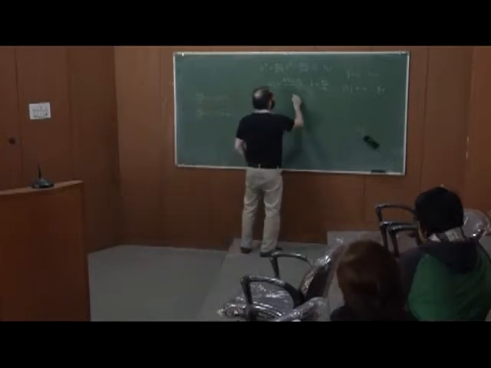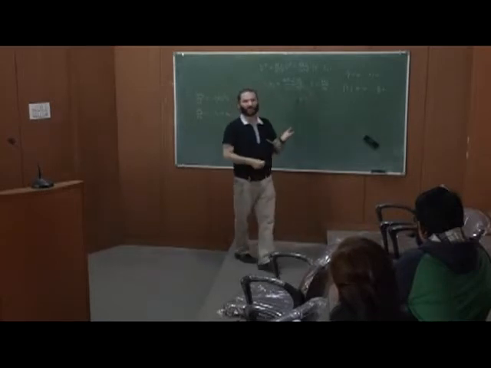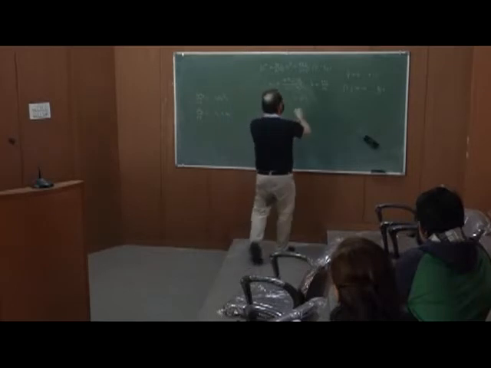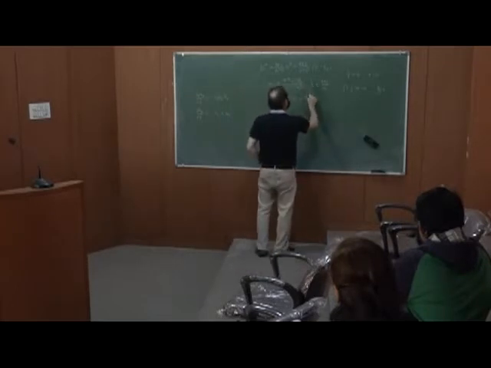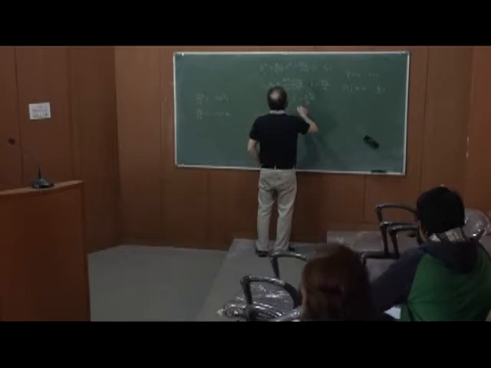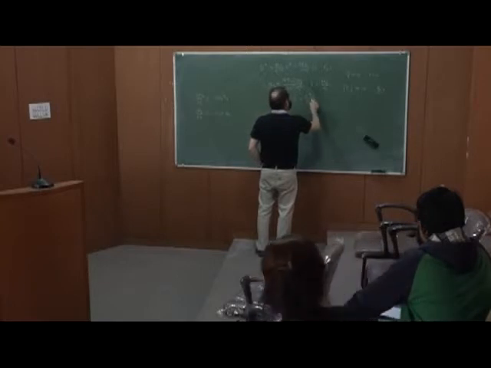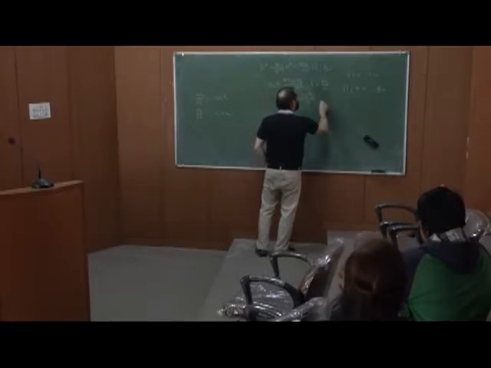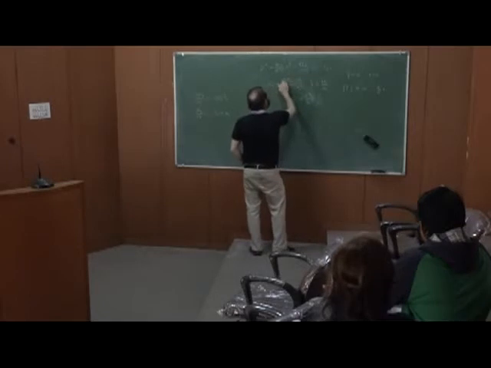Also, we're going to define this. We're going to make the gravitational constant dimensionless, and this will be 8 pi G over 3 c squared, or c to the fourth.